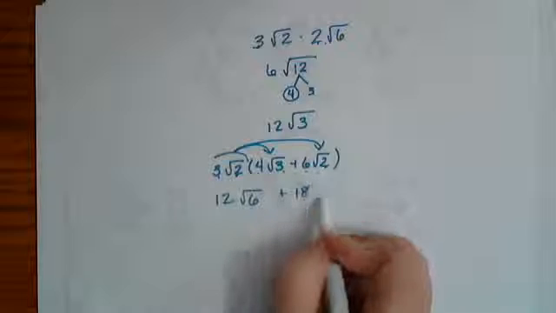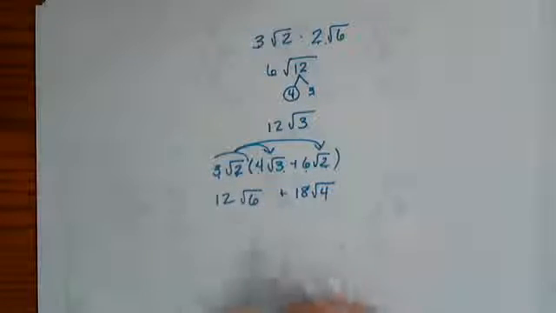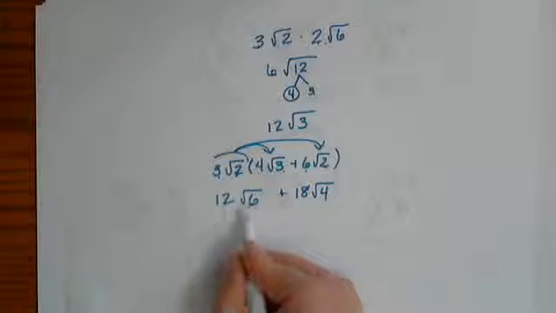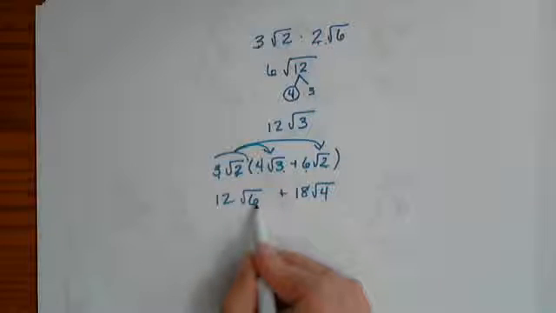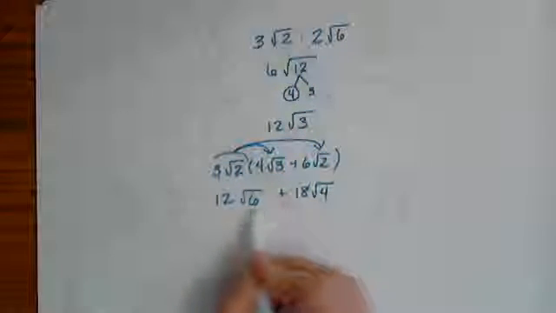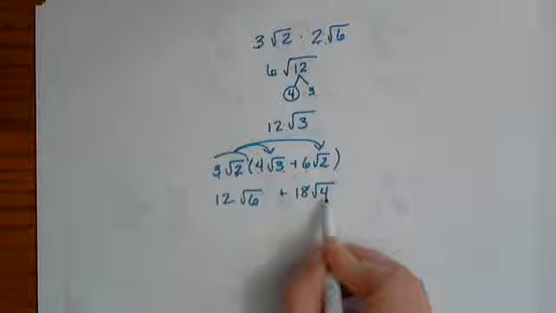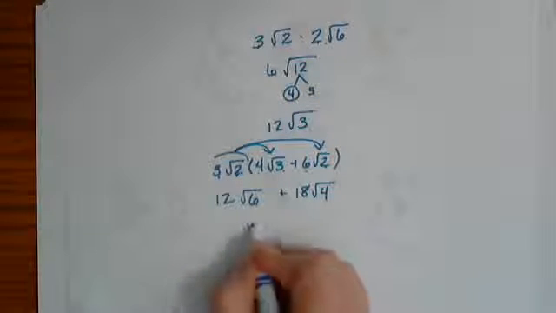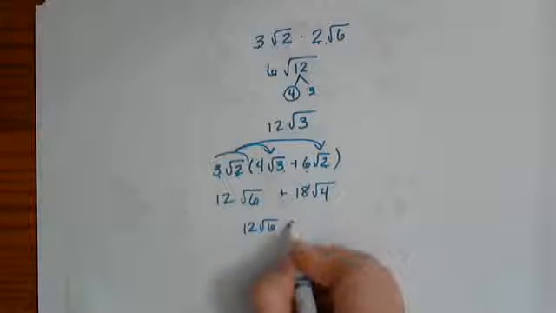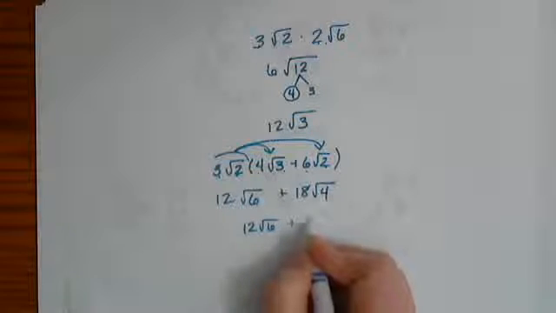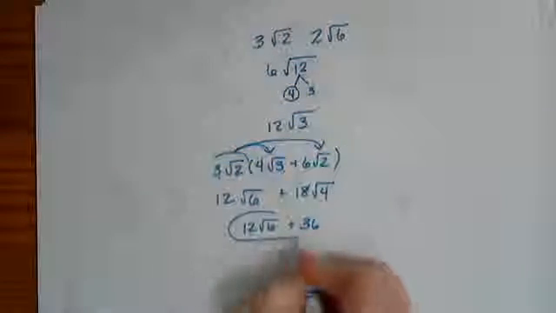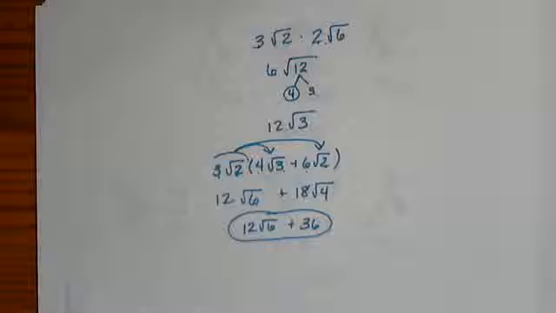Square root of 2 times square root of 2 is square root of 4. So 6 we can't do anything with. That's as good as that one gets. That's simple, right? Because that's 2 times 3. We can't do any square roots there. And the square root of 4 is 2. So it's going to end up being 12 square root 6 plus 18 times 2, which is 36. Final answer.